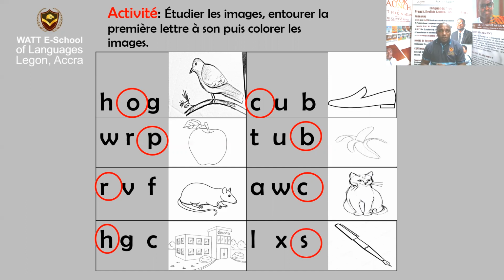I hope you can see. So let's read their names once more. The first one, oiseau. That begins with O. The next one, chaussure. That's shoes. Third, pomme. Apple. Fourth, banane.